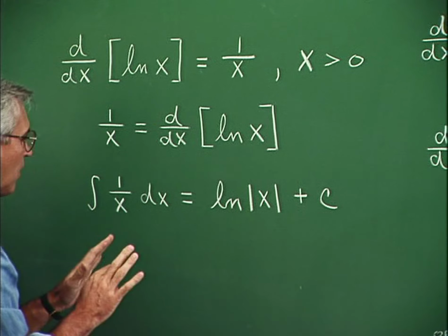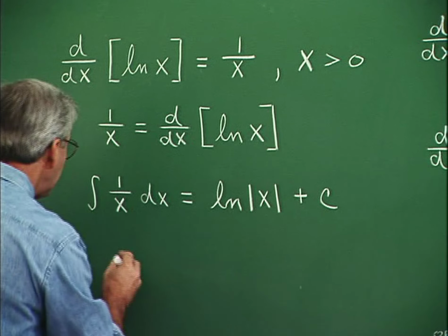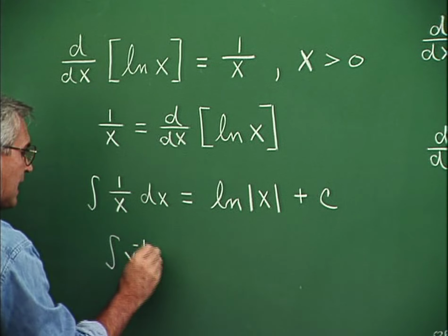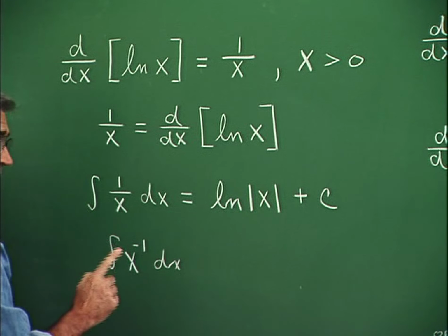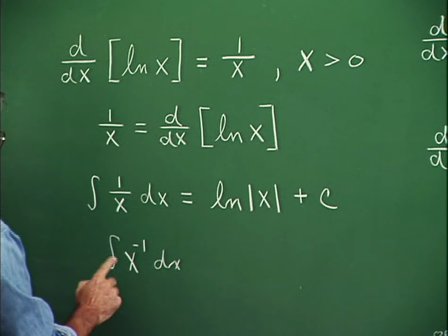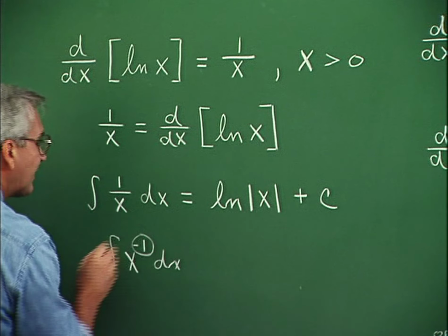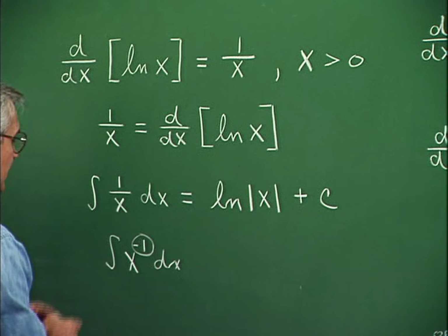From a conceptual standpoint, we have to go about it like this because the general power rule simply doesn't work in this circumstance. We can rewrite this as x to the negative 1, and remember there was a disclaimer in the general power rule: we use it as long as the exponent is not negative 1. It applies in all cases except this one.